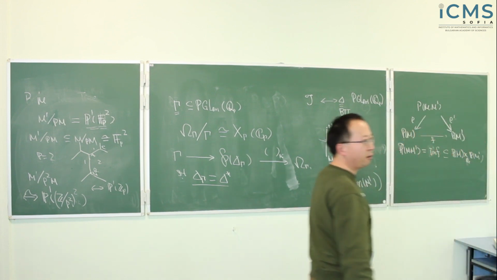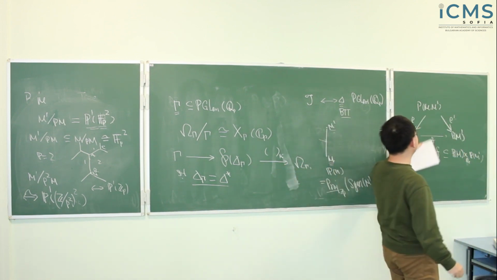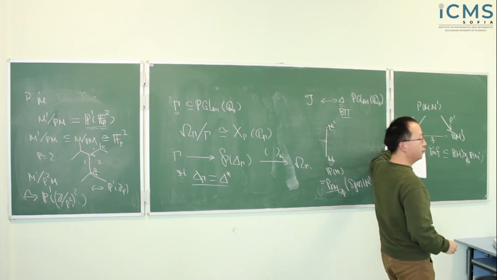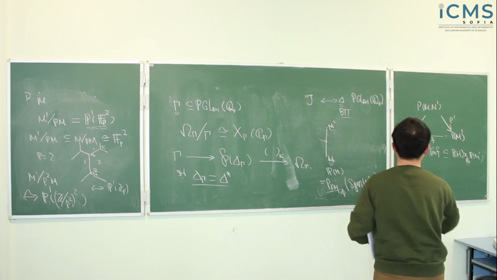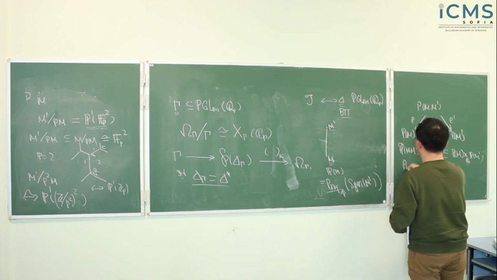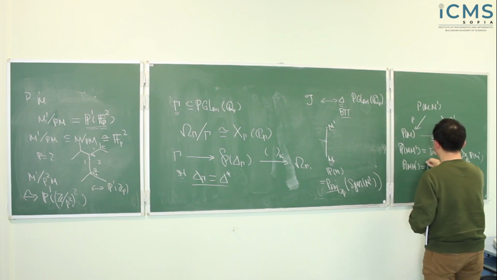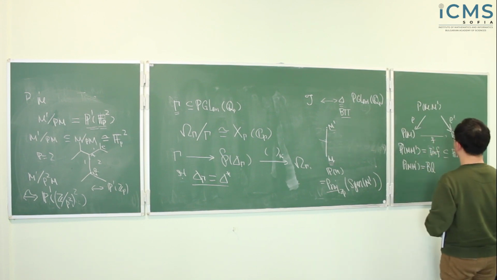But by the local calculation, you will see that this guy is just the blowing up of this projective scheme along the... So in our example, this guy P_M prime is a blowing up locally.